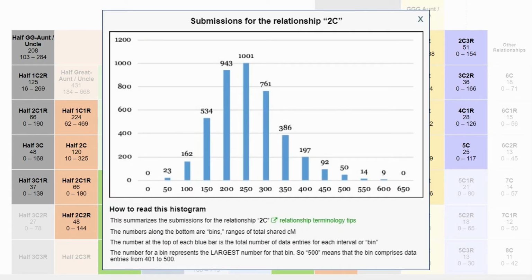And this allows you to look at all the data that's been submitted by people for relationships of that range. And for my 112 centimorgans, 2nd cousin relationship, you can see that it's actually quite a low match for that relationship. And in fact, this is also within the range of a half 2nd cousin as well.